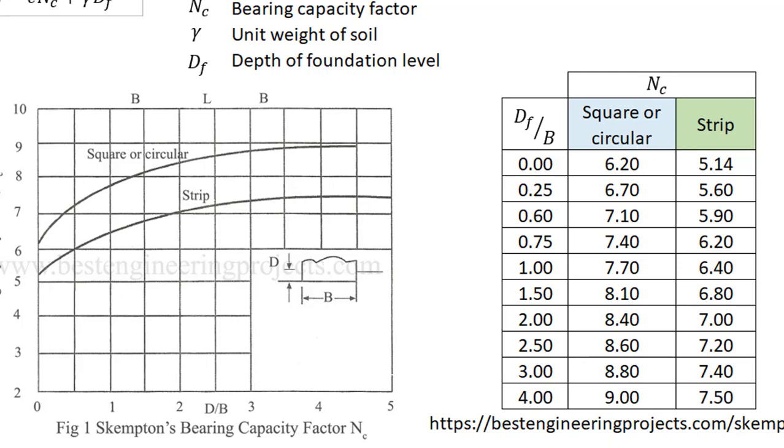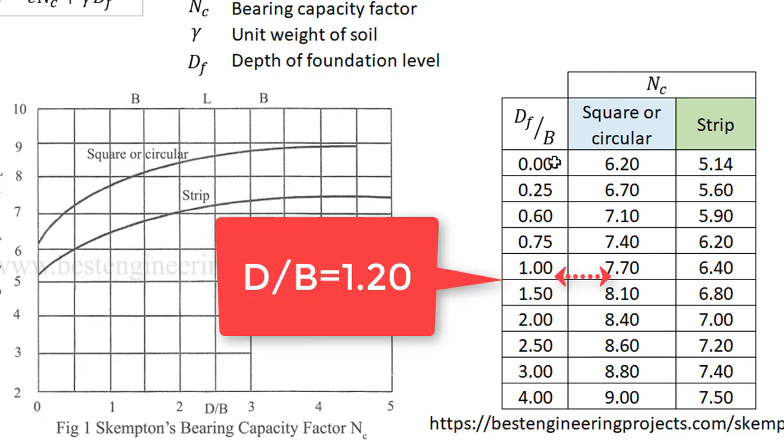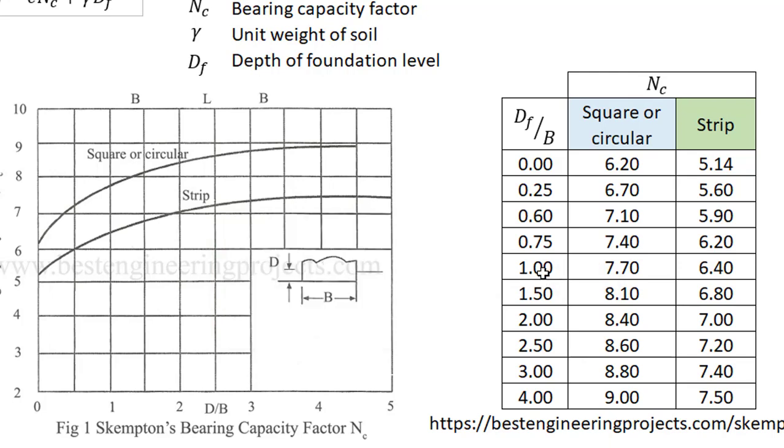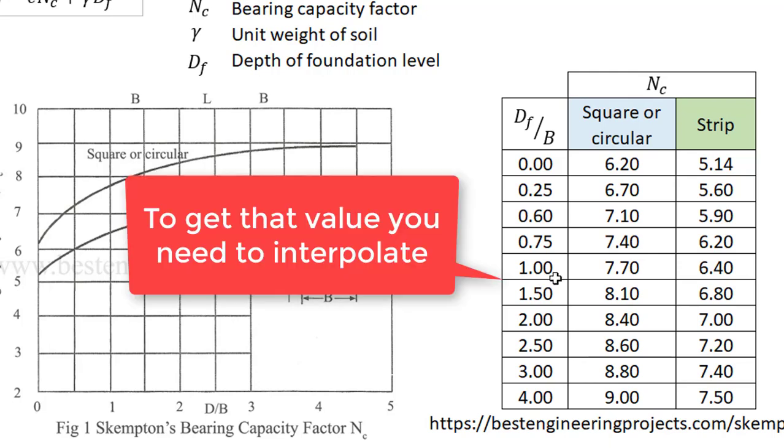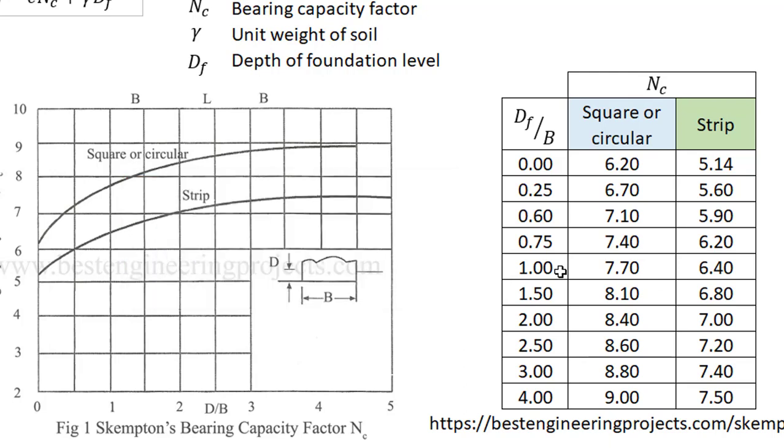This table is very useful, but what if I have D between B value equal to 1.20? It's not here. So you would have to interpolate a value for that.